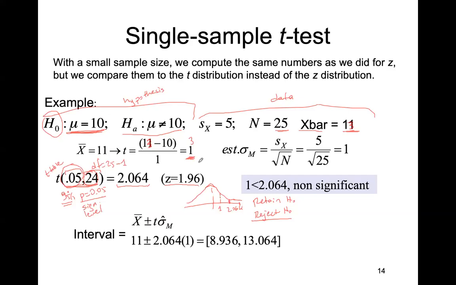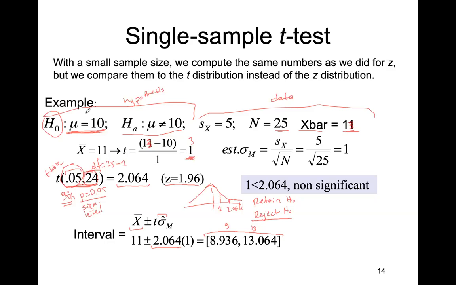So if you remember from the confidence intervals, what were we doing, friends? X bar plus and minus my t value times my standard error of the mean, which is 2.064. So my confidence interval using t is somewhere between 9 and 13, right?